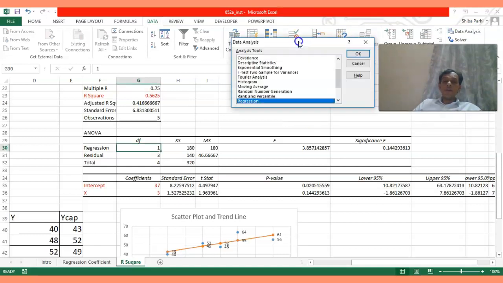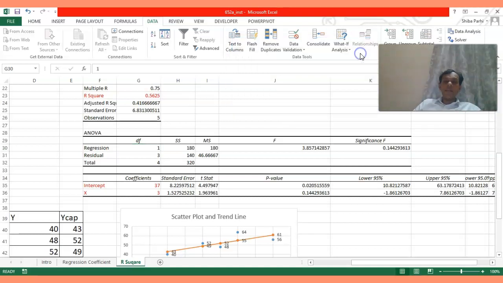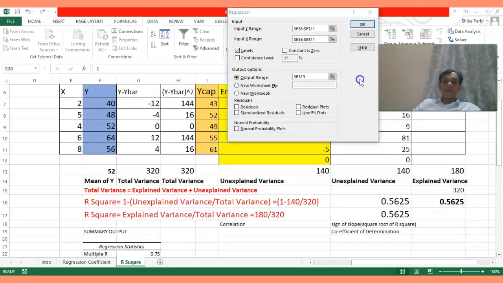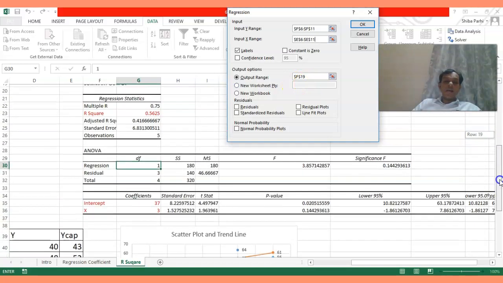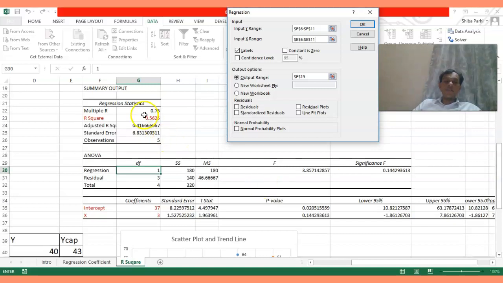By going to this, you can also calculate the r square by taking the input variable and the output variable. Can you see, the input y variable you can take, and here you can take the input x variable, then you can see the result. And if you see the result, can you see here the r square is also directly calculated through this method.